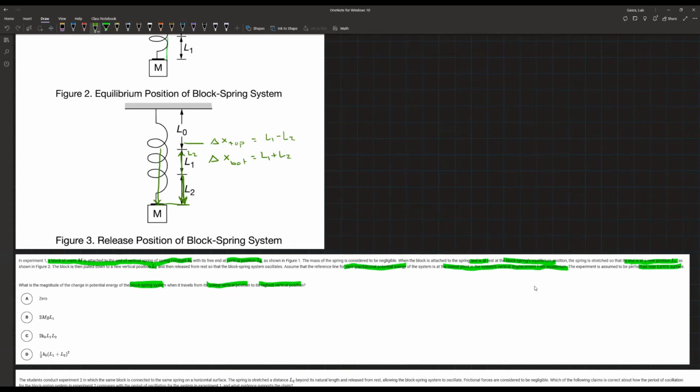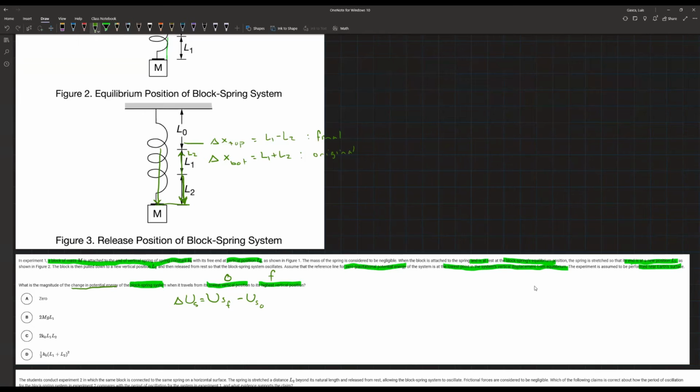They don't give us any numbers, but we can go ahead and use this. And they want us to find the change in potential energy. So they're going to want delta U equals U spring final minus U spring original. It's going to travel from the lowest point, which is the original position, to the highest point, which is the final position.